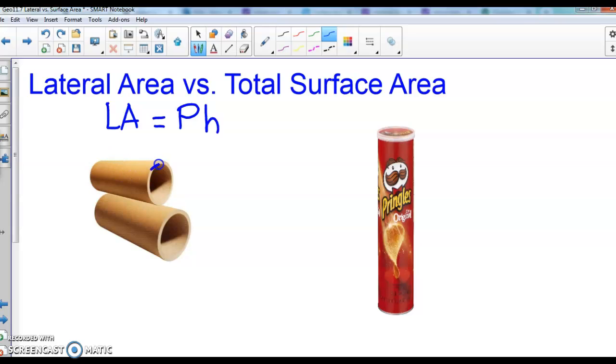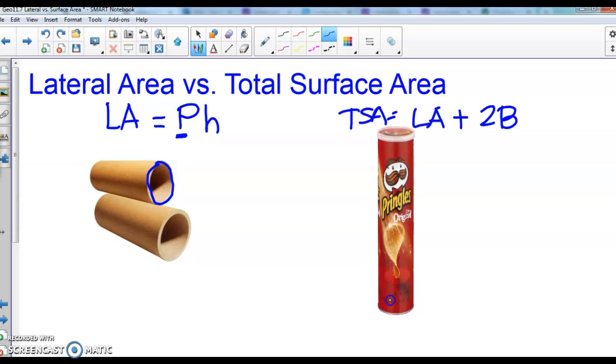But remember, since the shape is a circle, you're not going to get the perimeter in the same way as you get the perimeter of the triangle in the triangular prism earlier. So it's the perimeter that changes from one shape to the other. And then the total surface area is again the lateral area plus twice the base area because it has a top and a bottom base.